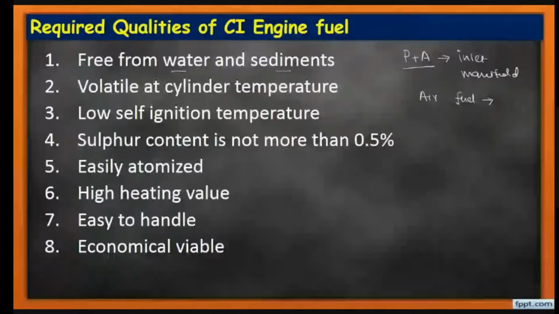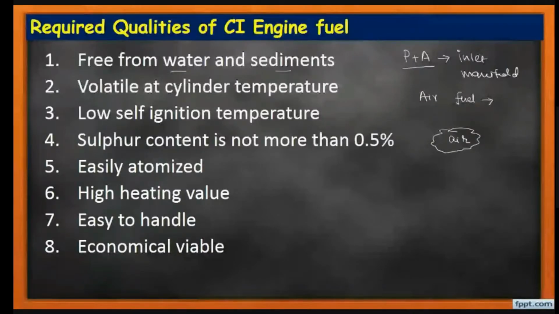As we know, in the CI engine or diesel engine, there is a cloud of hot air, and in that we inject the fuel. If the fuel cannot be ignited at a low self-ignition temperature, then we require a higher compression ratio, and the work done for achieving that is also higher. So we require a low self-ignition temperature for CI engine fuels.